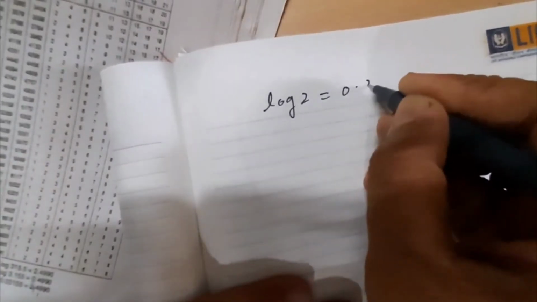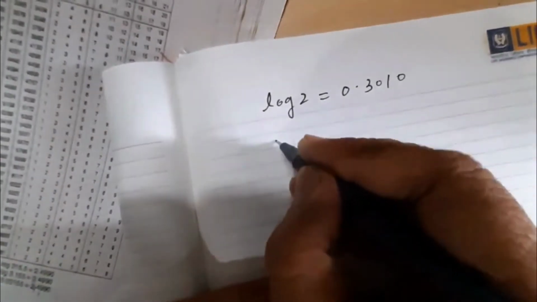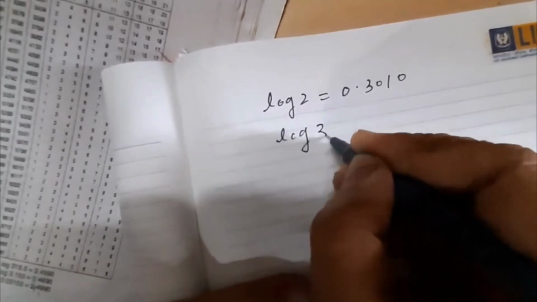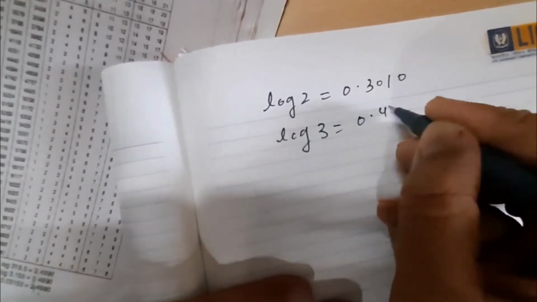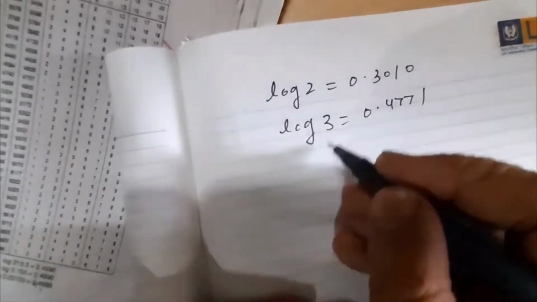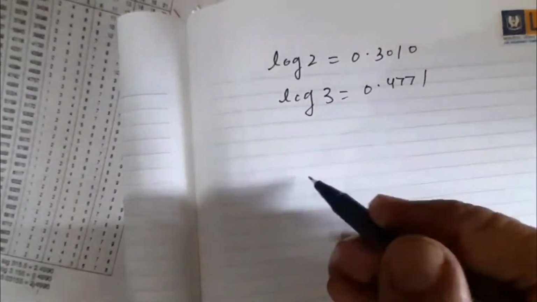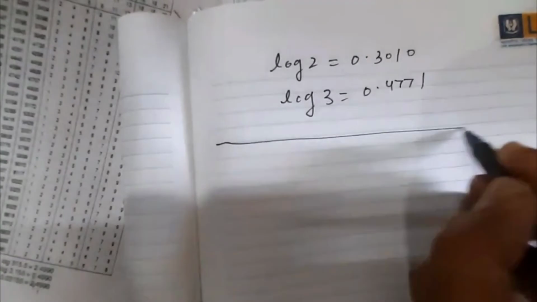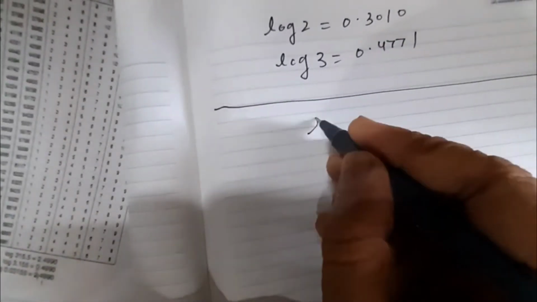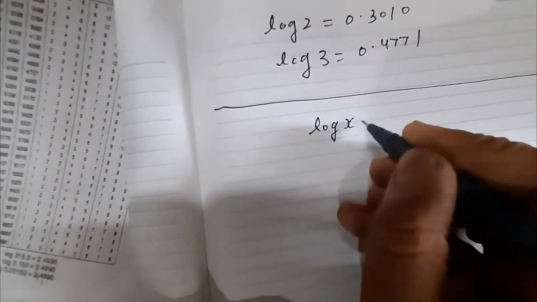Now we can find the value of log 2, which is 0.3010, and log 3, which is 0.4771. This way we can find the values of log 2, log 5, and so on. We have found log x.